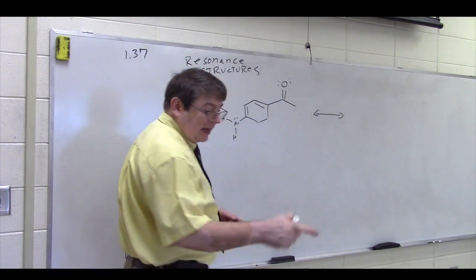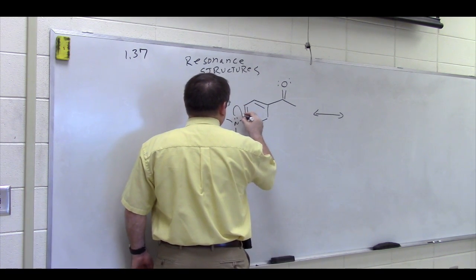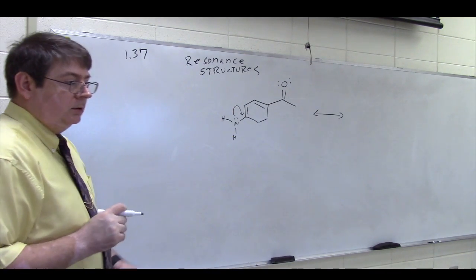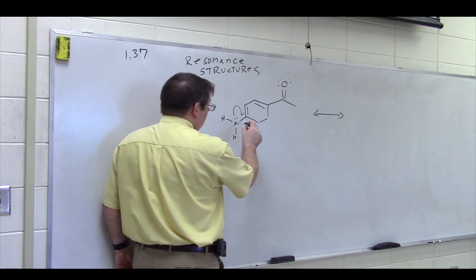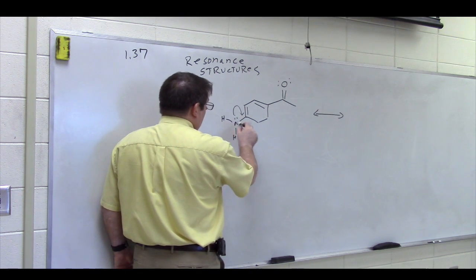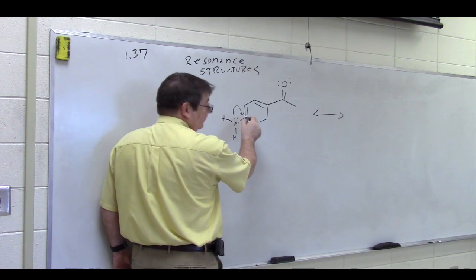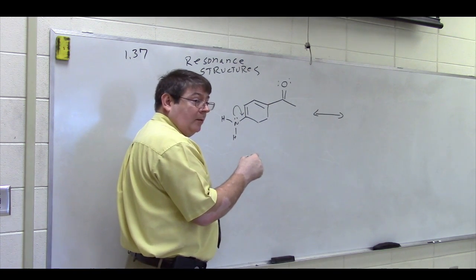So if we look at that problem, it shows some arrows being pushed. What does that arrow tell me? Saying that there's two electrons. Okay, so I'm moving this lone pair, from where the electrons completely belong to nitrogen, to now form a double bond between the nitrogen and the carbon.